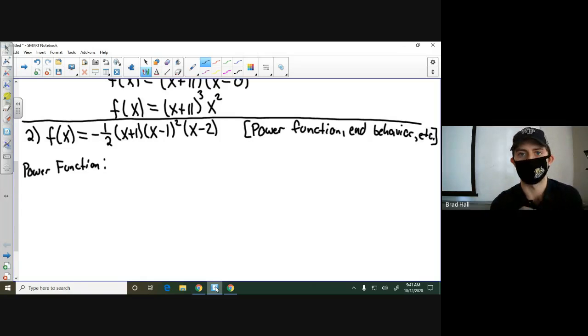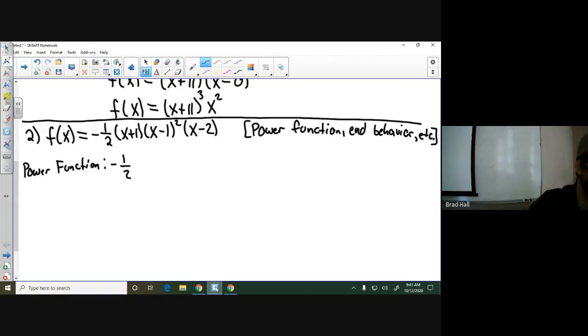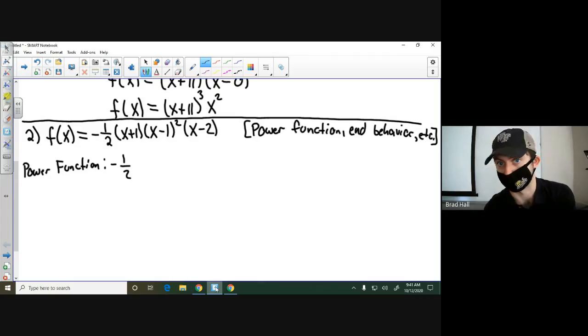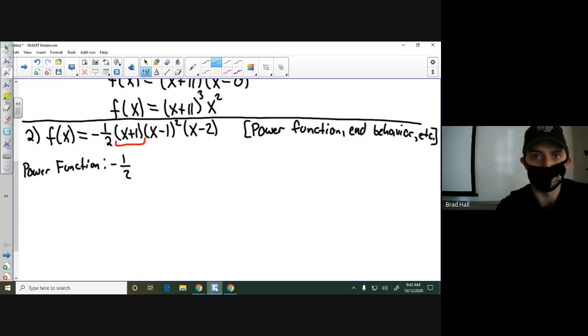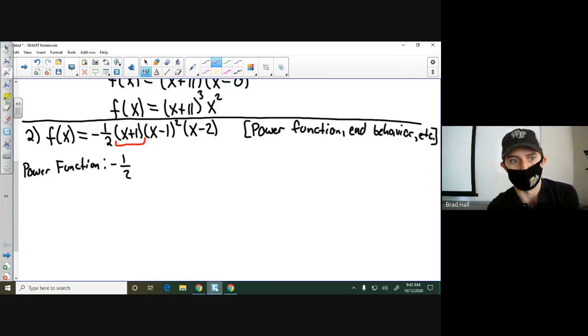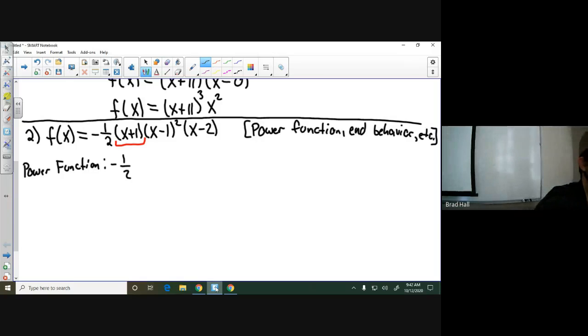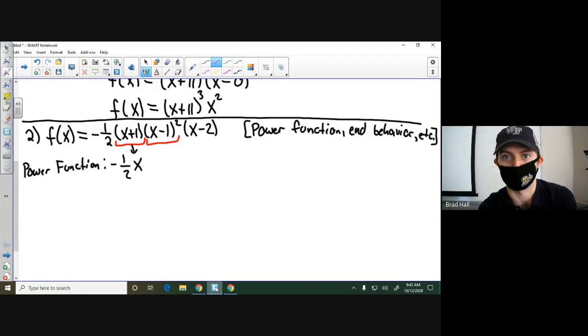So this corresponds to any terms that are adding or subtracting to each other. So -1/2 just drops down because -1/2 is not adding or subtracting to anything, but the x plus 1 here, that is definitely an addition, and the dominant term here is the x. X is dominant over 1. So we get rid of 1, we're just left with x. And then x minus 1 squared, the dominant term is x.